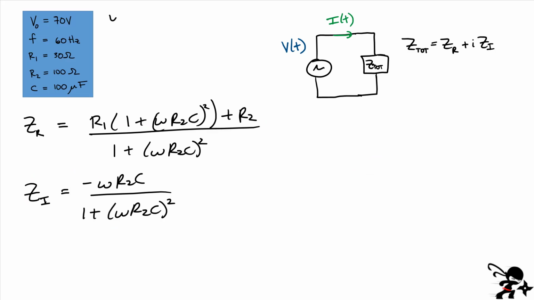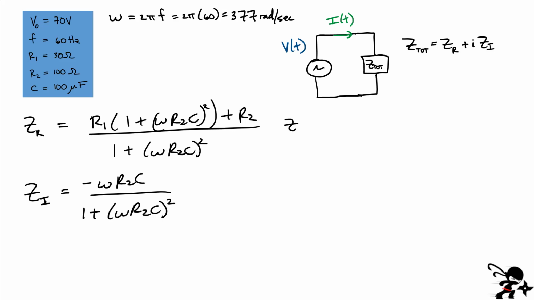First thing we want to calculate is omega. We use this a lot. This is simply 2 pi f. 2 pi times 60 gives me something like 377, in radians per second. Next, I wanted to calculate Z total, which had a real part and an imaginary part.